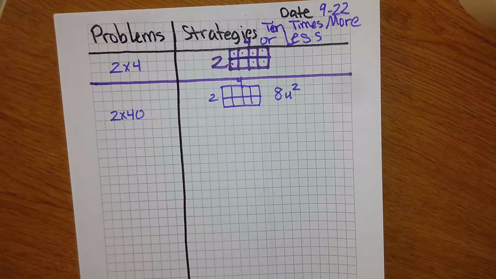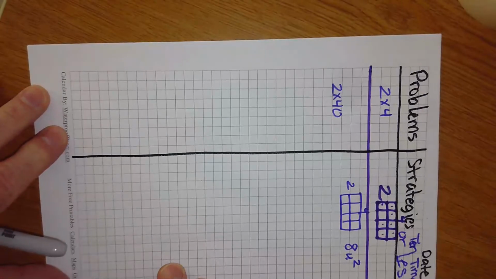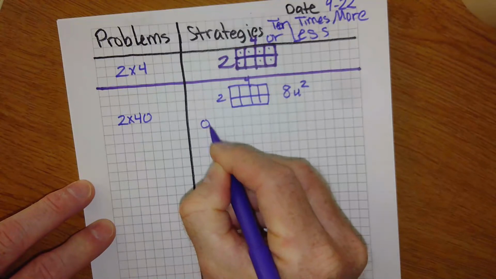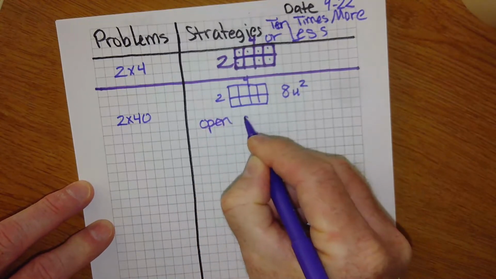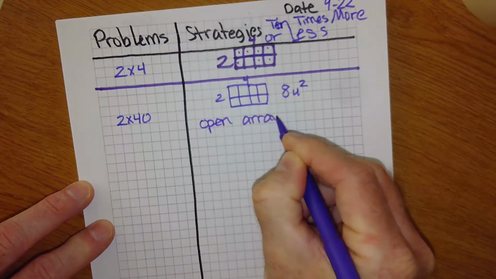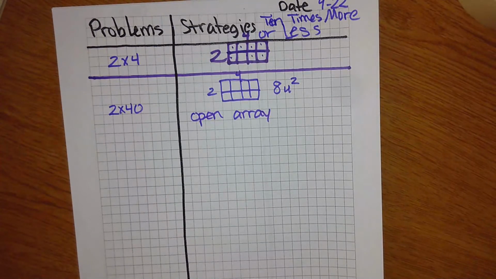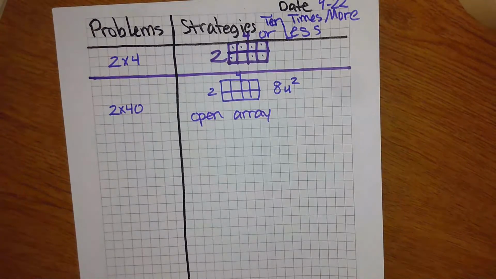Now, I'm going to draw a different type of array. Our sheets of paper aren't large enough to draw the total number of squares per row, unless we were going to rotate our sheets. So this type of array, write this down. This is an open array. It won't have any of our squares and columns put in.